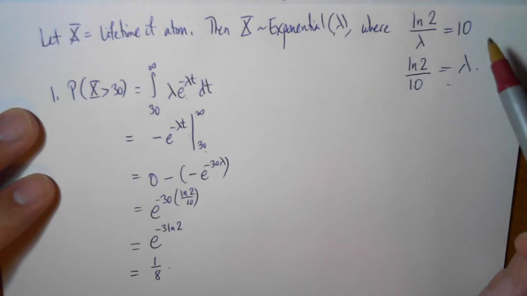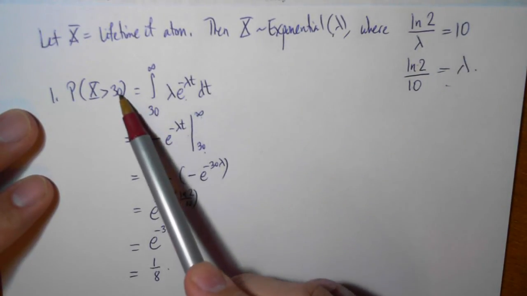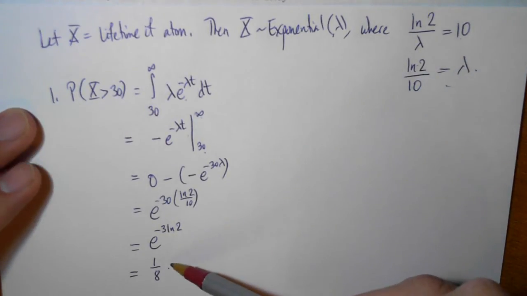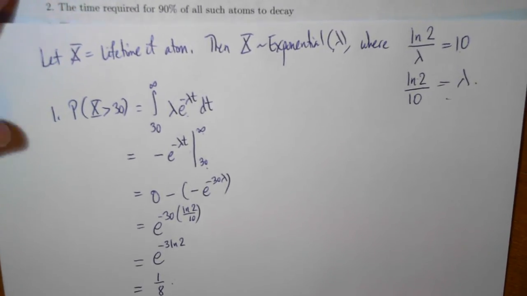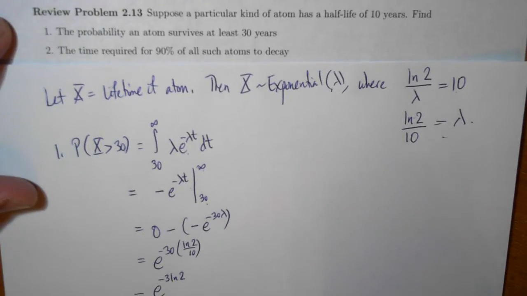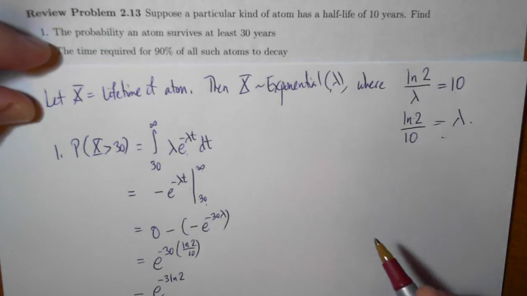Okay, now this makes sense. The half-life is supposed to be 10 years. And so after 30 years, that's 3 half-life cycles. So only 1/8 of the atoms are now left. Okay, problem number 2. Find the time required for 90% of such atoms to decay. How long does it take for 90% to decay?